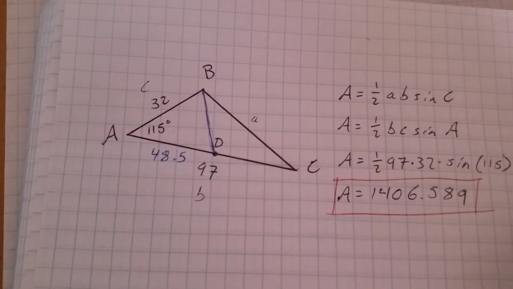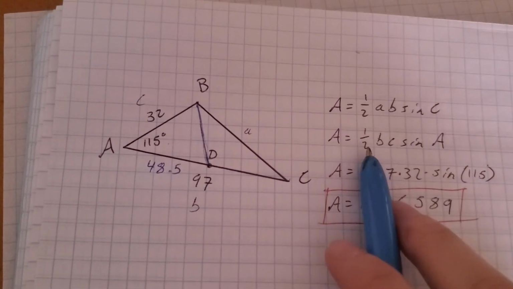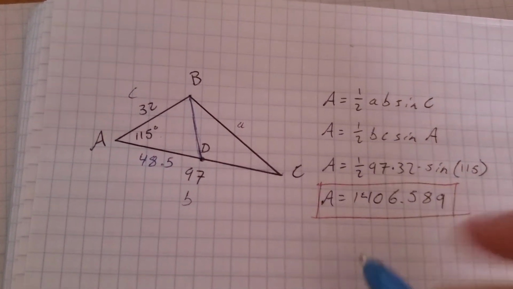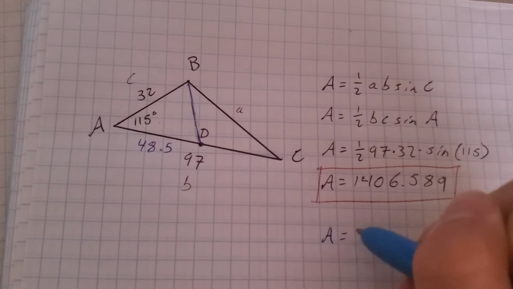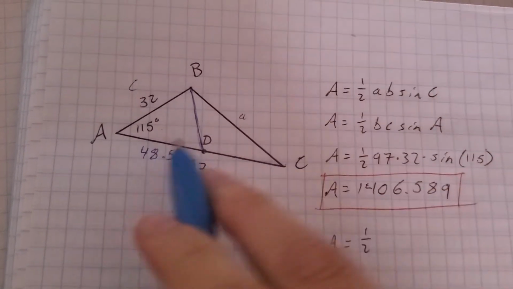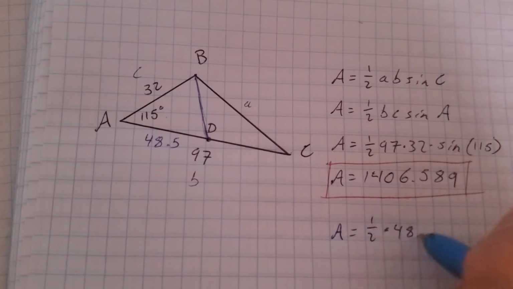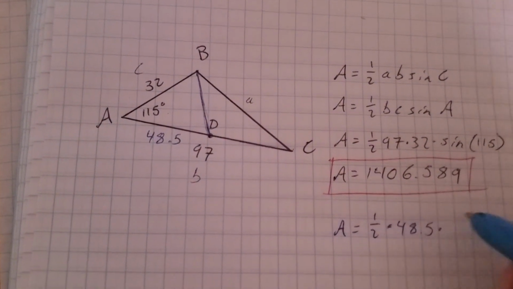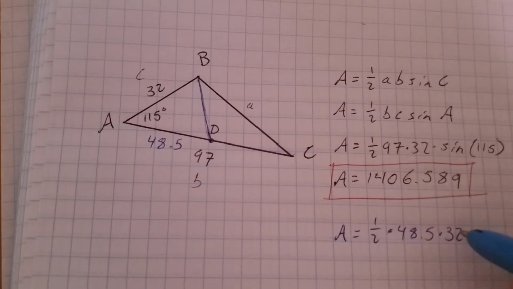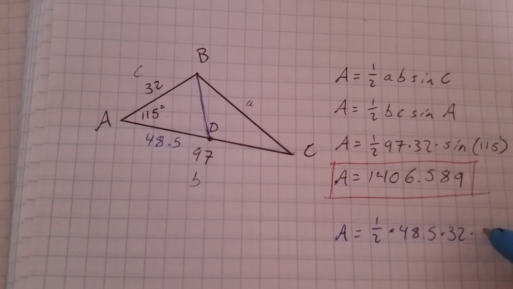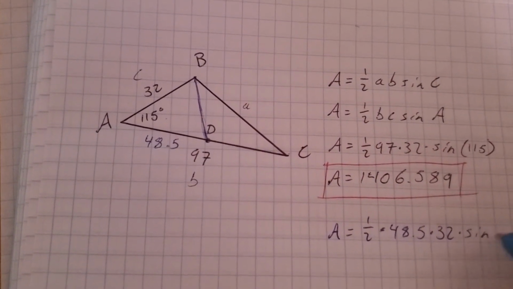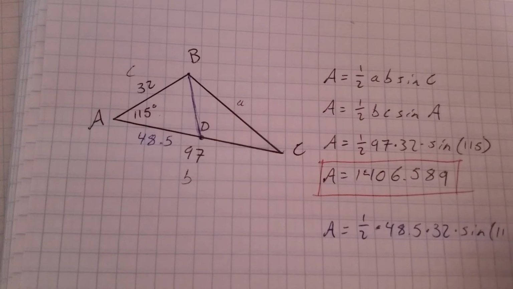So same thing, I'm going to be using the same formula. The area is going to be 1/2 times this side, 48.5, times 32 times the sine of the same angle, 115.